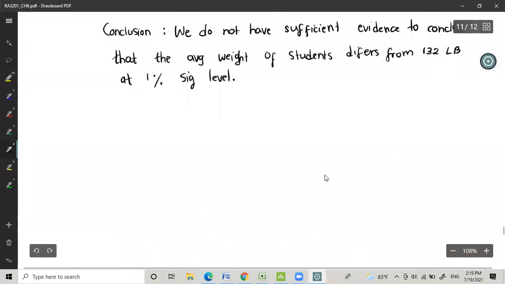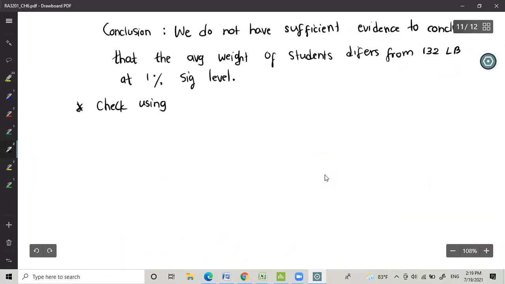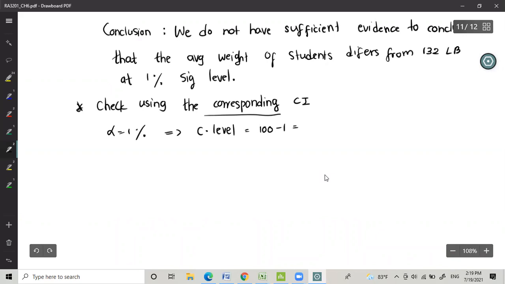So this is to check using the corresponding confidence interval, because you can't use any confidence level. Since alpha is 1%, the confidence level will be 99%. So if you construct the 99% confidence interval for this sample, let's see what will happen.